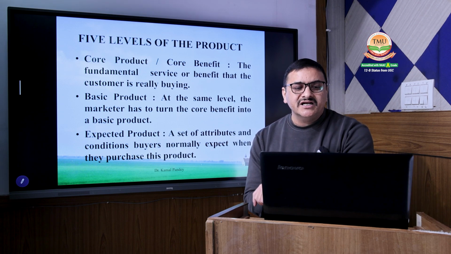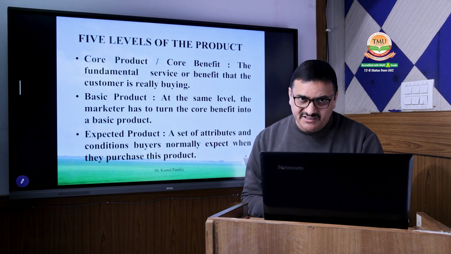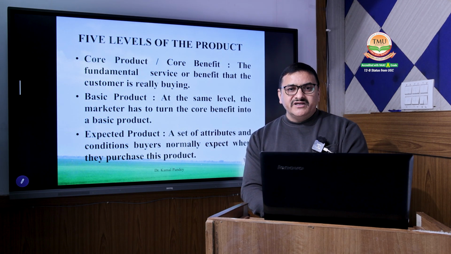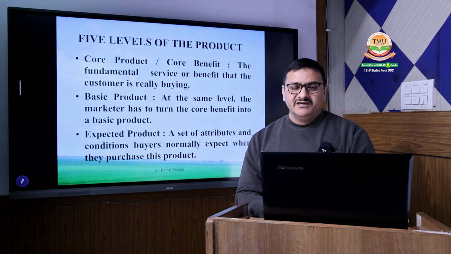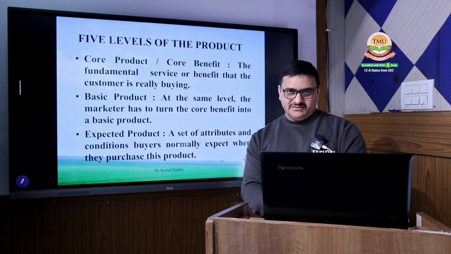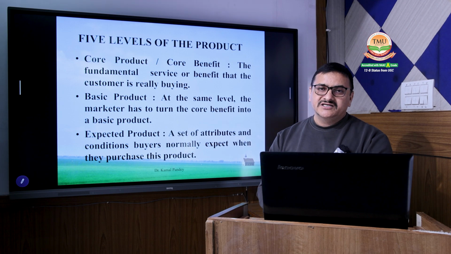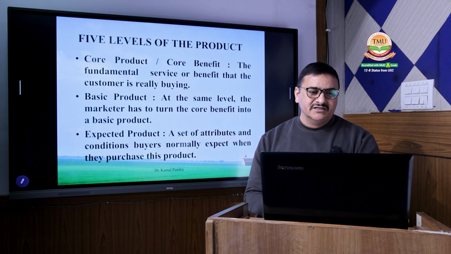Augmented product means the marketer prepares an augmented product that exceeds customer expectations, because every customer has different expectations from different products, and if the product is able to deliver that particular expectation to a particular customer, it means the customer will be delighted by using or purchasing the product.